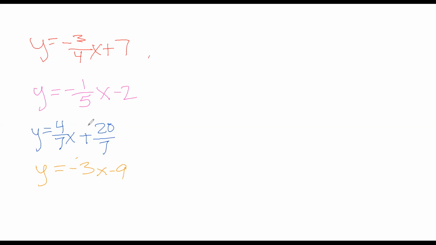When we have all 4 of these equations, we need to be able to categorize them, whether they're proportional or non-proportional first. So right now, I'm going to have one column that says proportional and the other column that is called non-proportional.